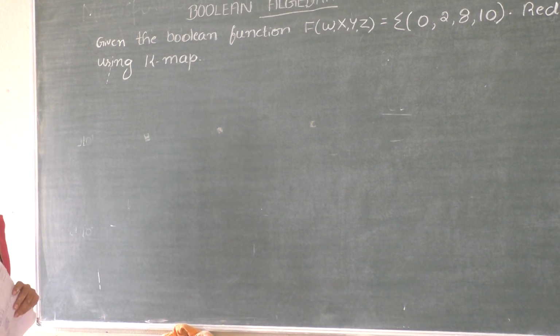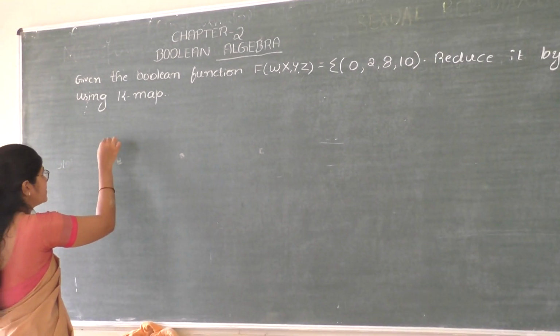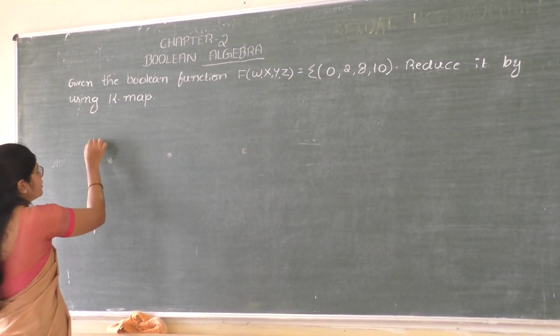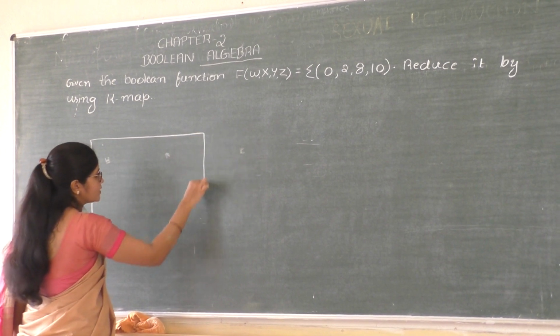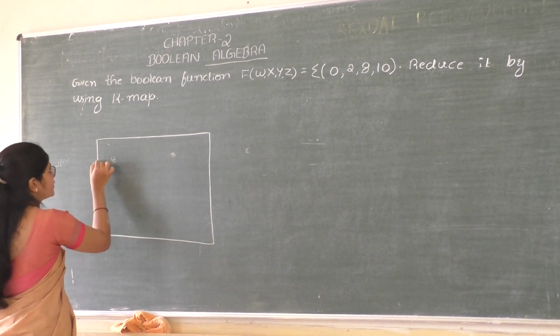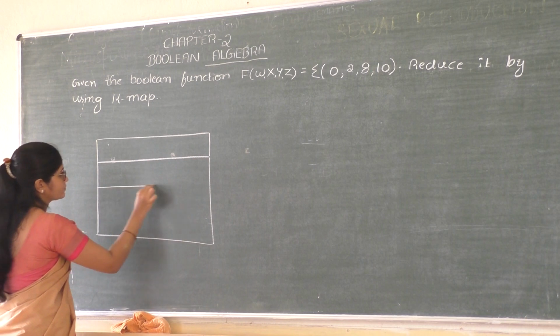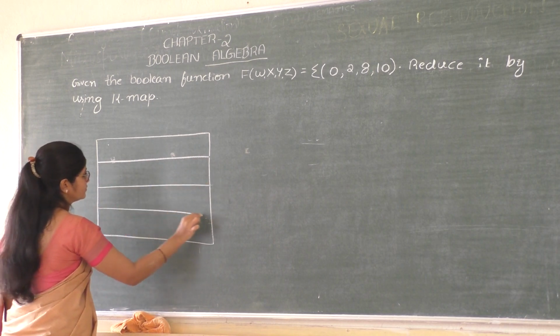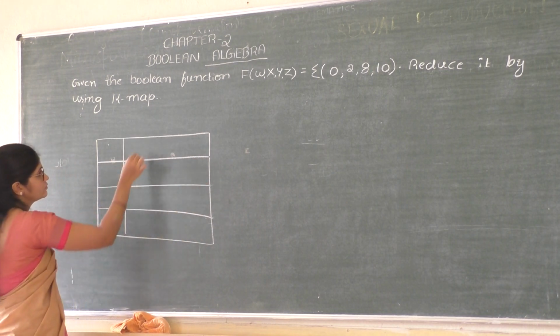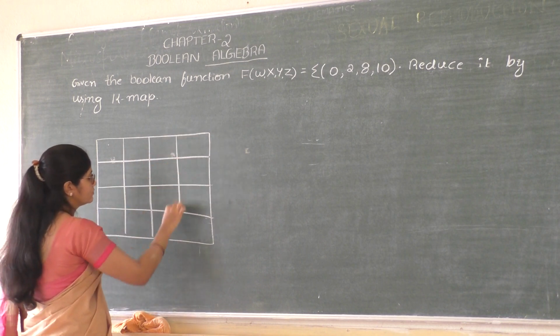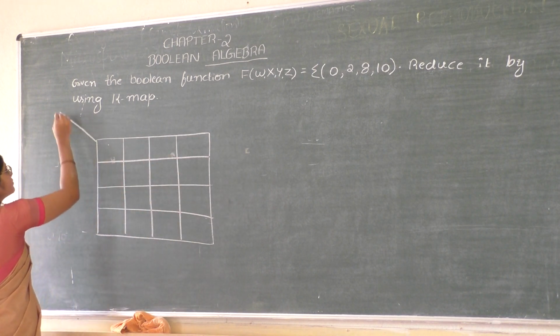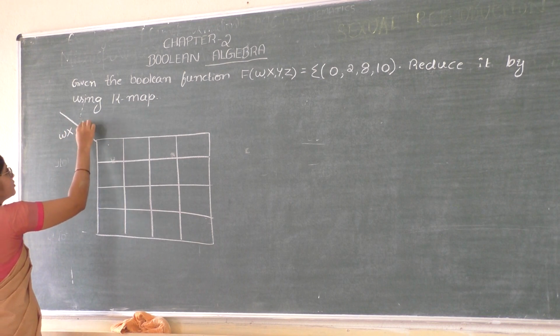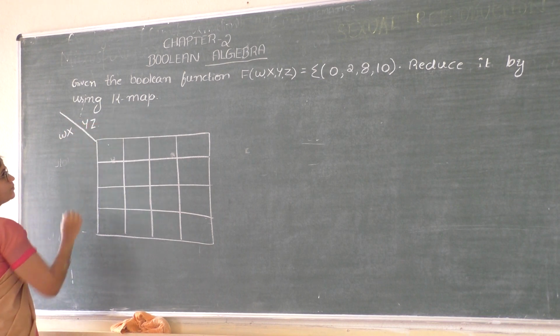In the problem, 4 variables are given: w, x, y, z. So there would be 16 squares in the K-map. W, x, y, z.